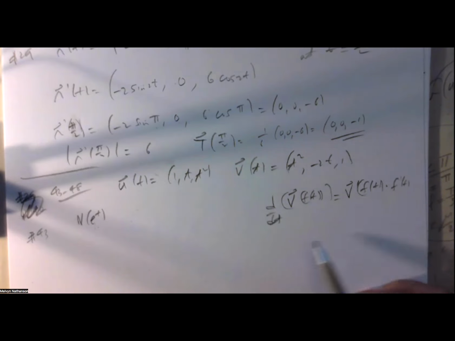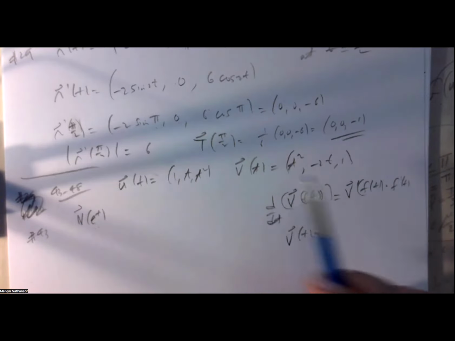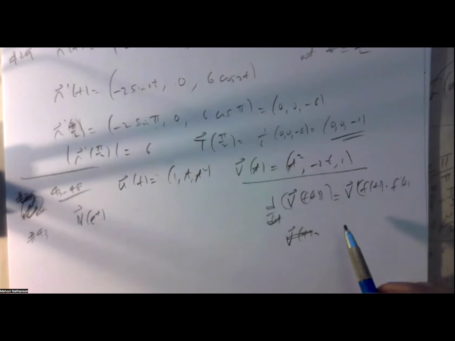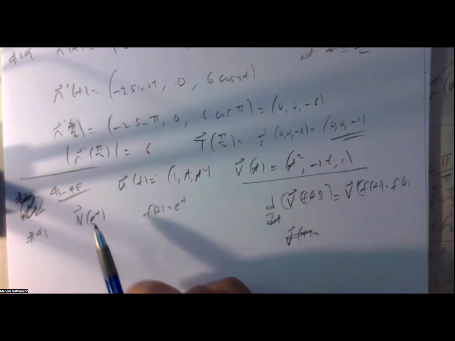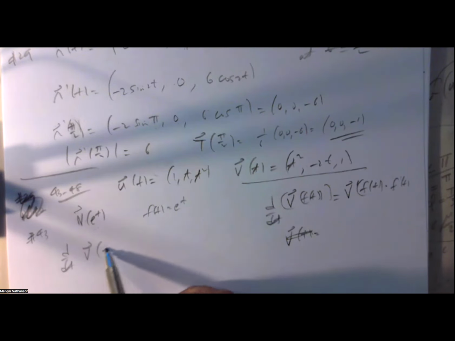So in this case, here's v of t, and f of t is e to the t. So the derivative with respect to t of v of e to the t is what?